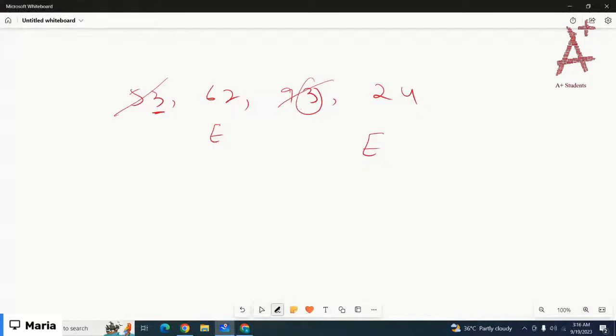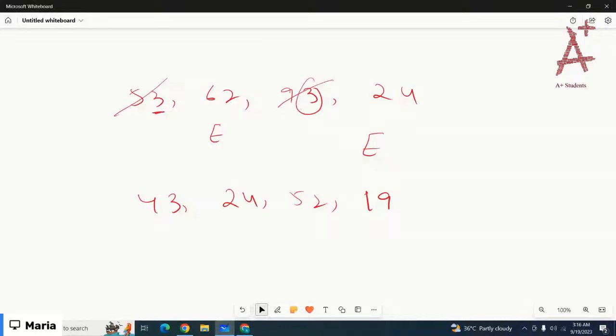Let's do another example. You have to select the odd numbers. Which two numbers are odd? If you already know the answers, you can write them down in the chat box.